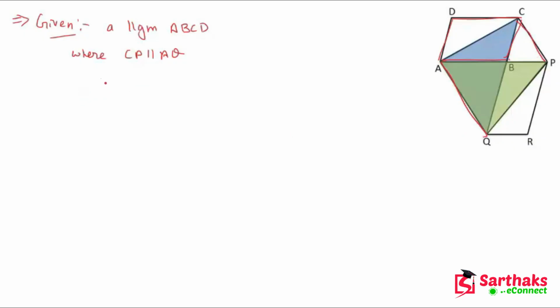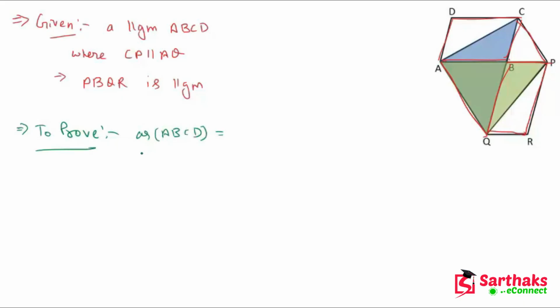And we have another parallelogram PBQR. So PBQR is a parallelogram. So we have two parallelograms. And we have to prove the area of parallelogram ABCD is equal to the area of parallelogram PBQR.